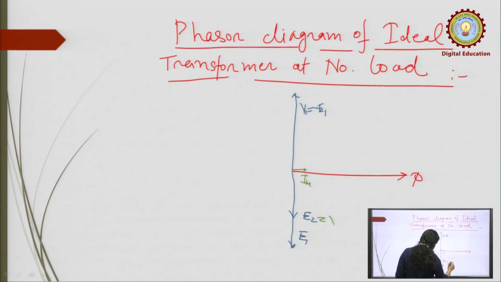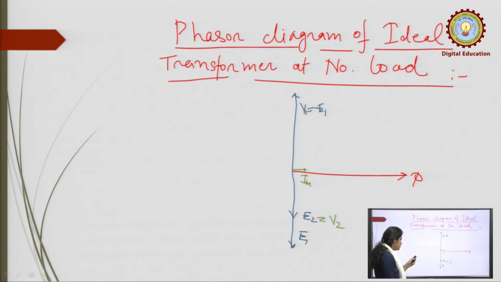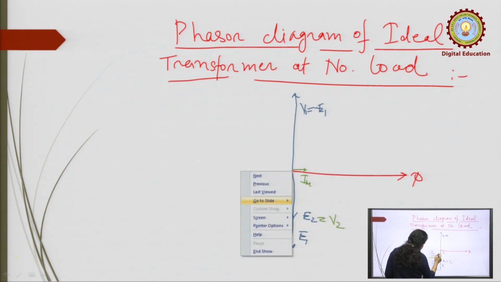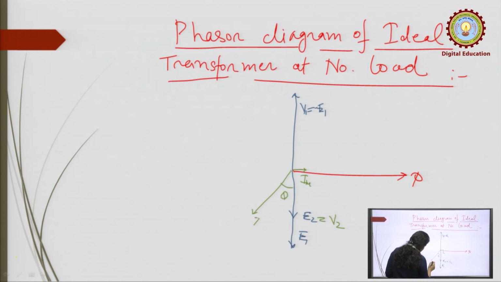So this is V2, suppose. The current is suppose I2, which is lagging the voltage, as it is an inductive kind of load that we have assumed. So theta 2 is the lag with respect to the voltage E2.